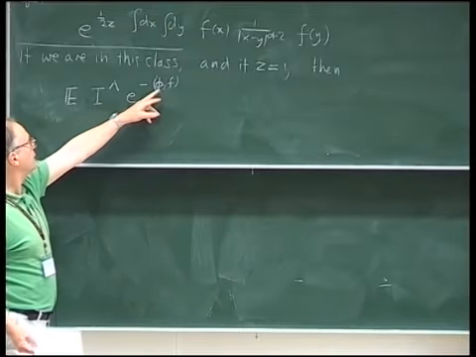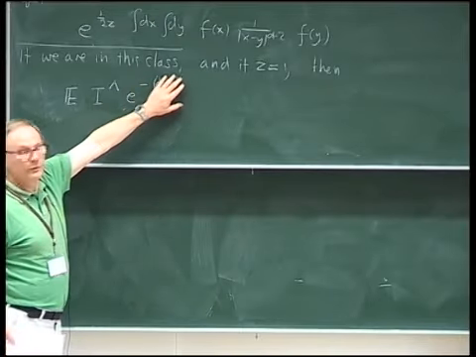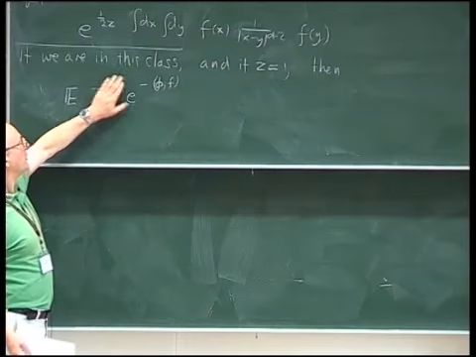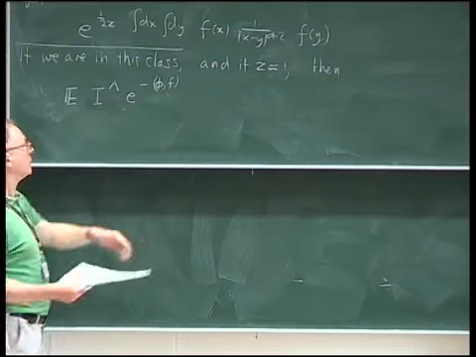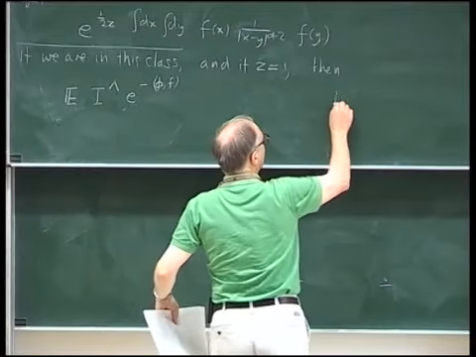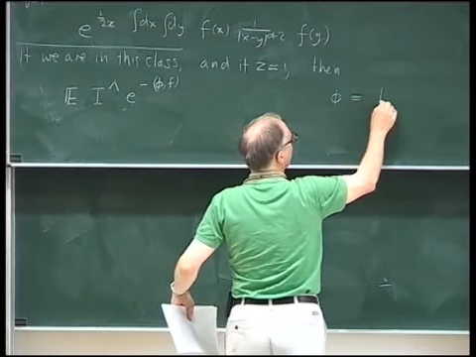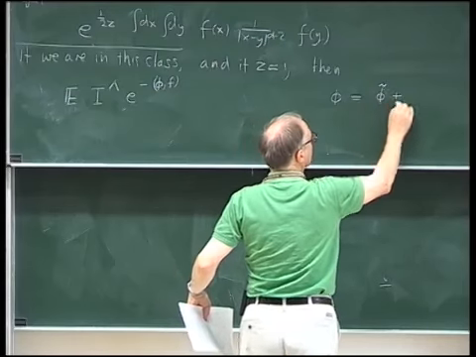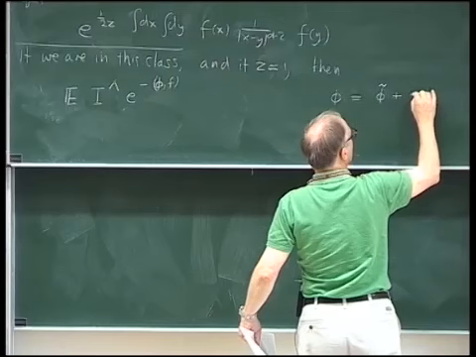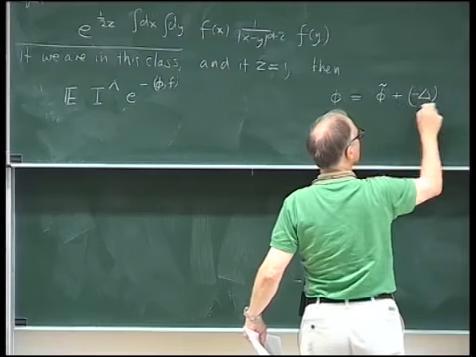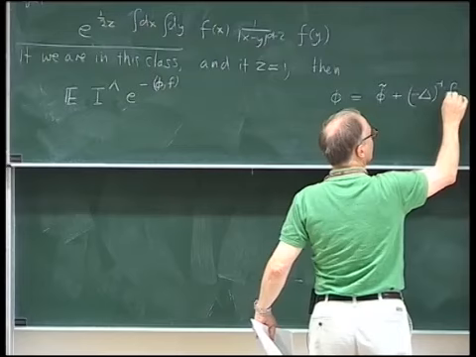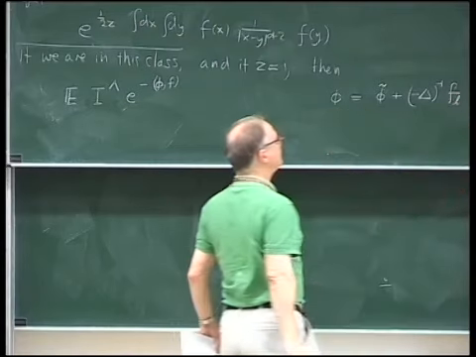I will translate the field in such a way that if that hadn't been there, this would be eliminated. So I will write phi is equal to phi tilde plus the inverse of Laplacian acting on this f sub L.